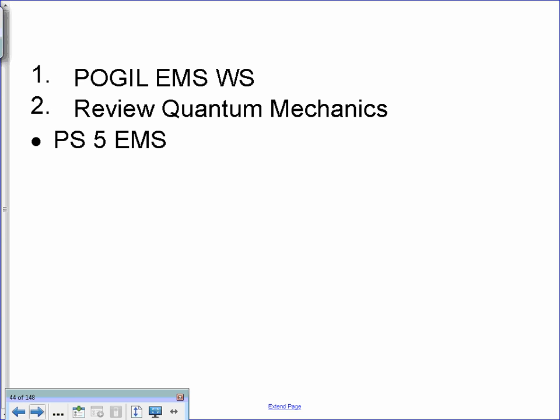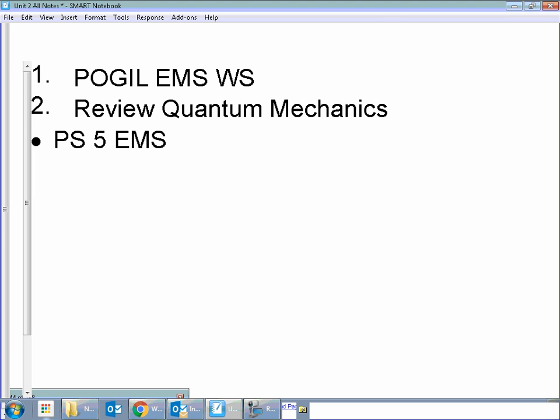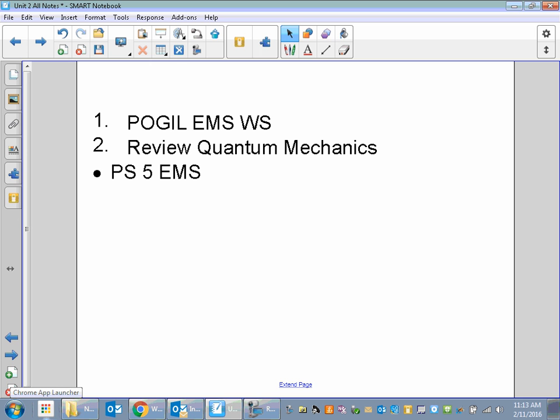Who has PS5 with them? Or I can pull it up. We have PS5? Okay. So, hold on. I was going to do the PS5. Do me a favor. Under Model 3, it has the Bohr model. This is the part we've not heard much. Can you guys go through 18 and 19 before you move on to PS5?